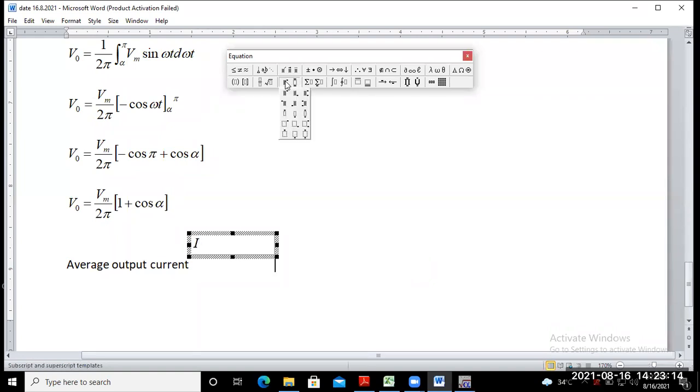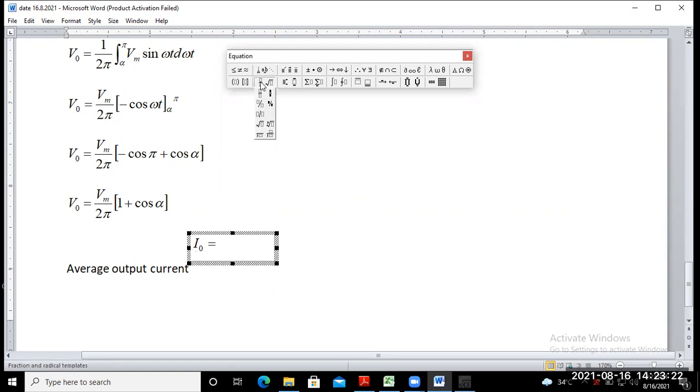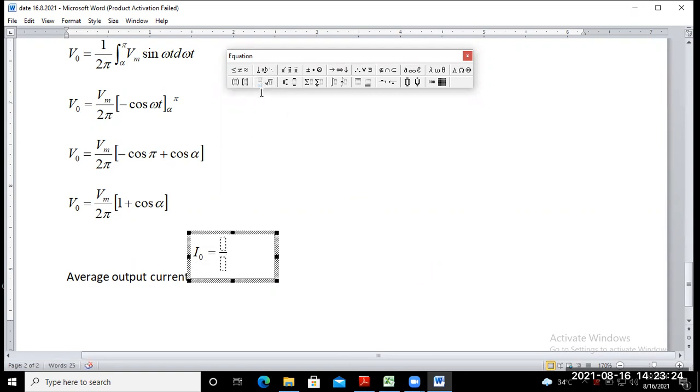I0 equal to V0 by R, that means average output voltage by resistance.